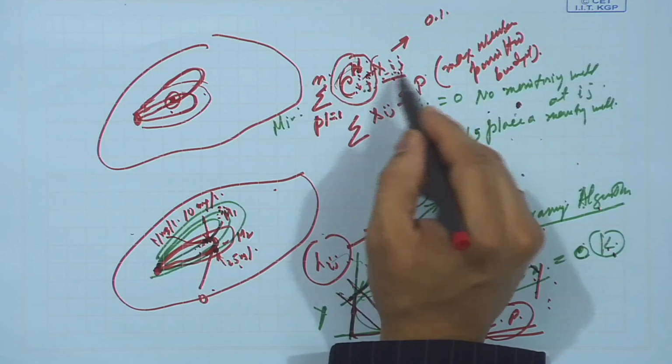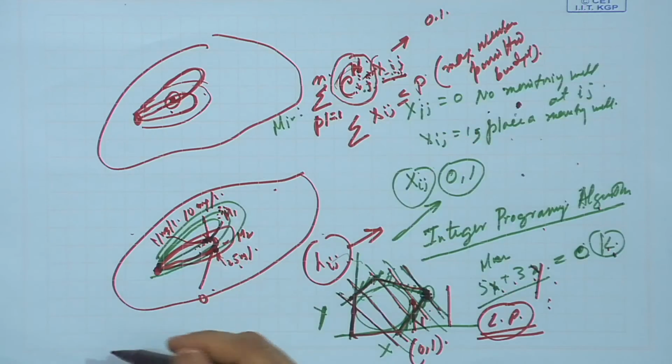But if it chooses Xij equal to 0 where Cij is very large, you will not be able to improve the objective function. So you are losing that possibility of increasing the objective function.